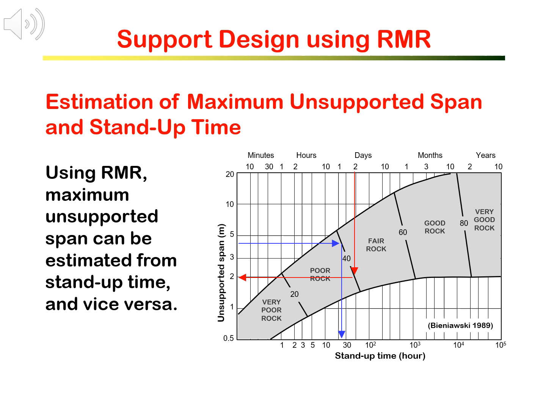For example, given the RMR at 40, if the stand-up time allowed is 2 days, the estimated maximum unsupported span is 2 meters, as shown by the red arrows. Or, if the unsupported span is 4 meters, then the stand-up time is about 25 hours, shown in blue.